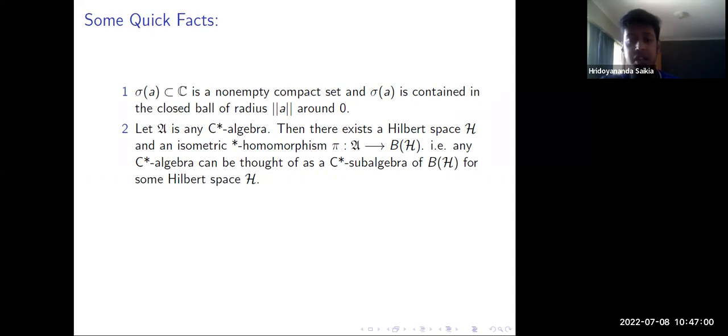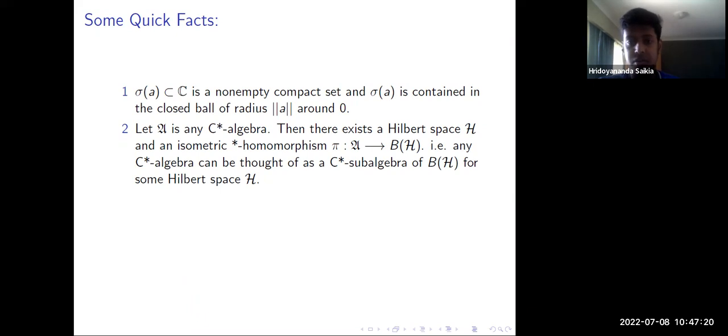Note that we have defined the C-star algebras very abstractly. But after some time, what we have got is that they are actually very concrete.